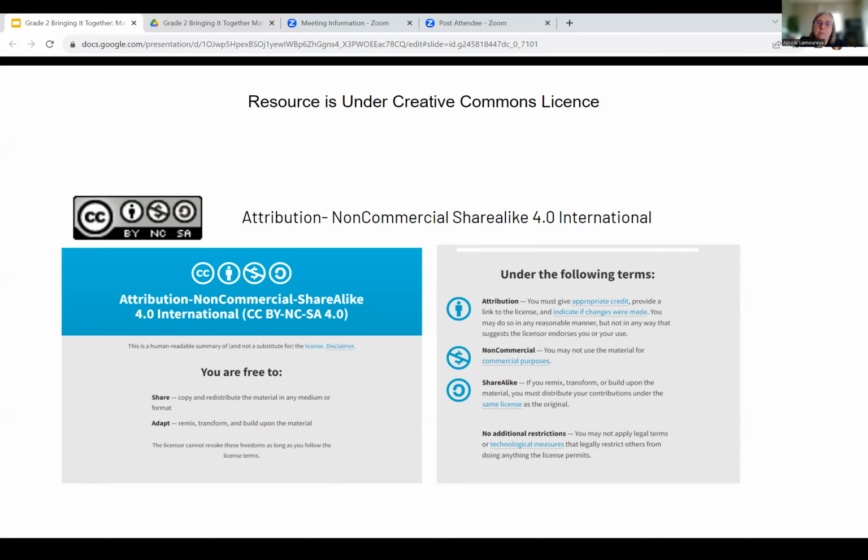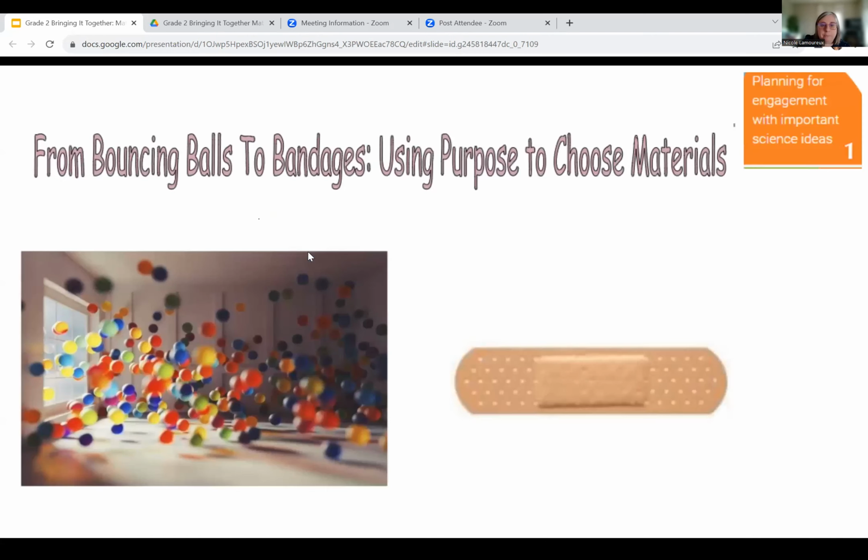And what it also means is when you're sharing it, you give appropriate credit. The logos are on the bottom, showing that it belongs to the Alberta Regional Professional Consortium, and that it's not sold on any other medium like Teachers Pay Teachers. And share alike means you can still modify, adapt and remix it, but you would share it, again, under the same licensing.